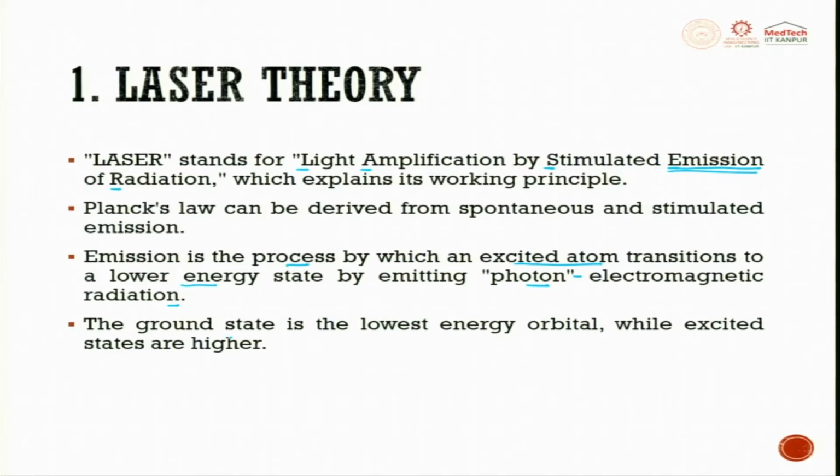Emission is a process. The ground state is called the lower energy orbital, while the excited state is called the higher one. We will see that in detail in the next slide.